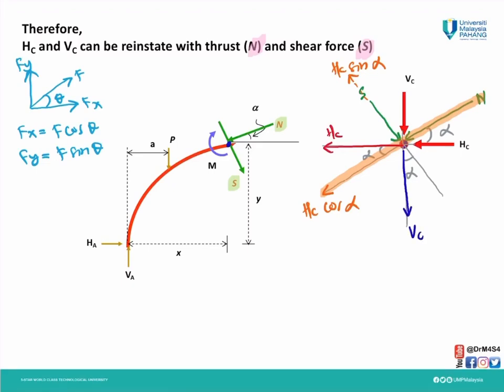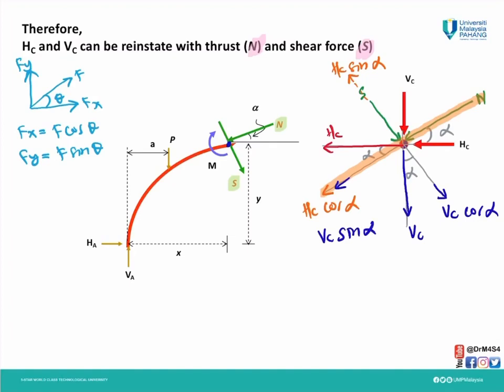The resolved force on this axis is VC cos alpha, and the other force on this axis is VC sine alpha.